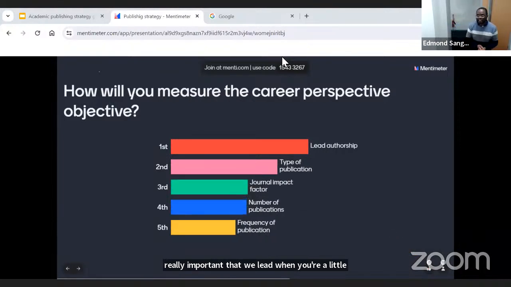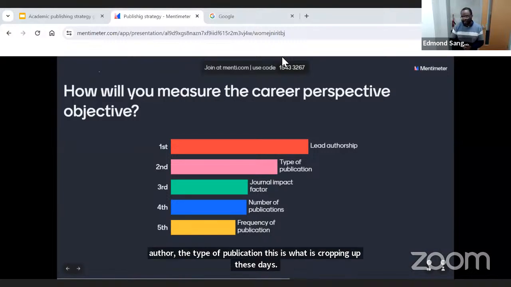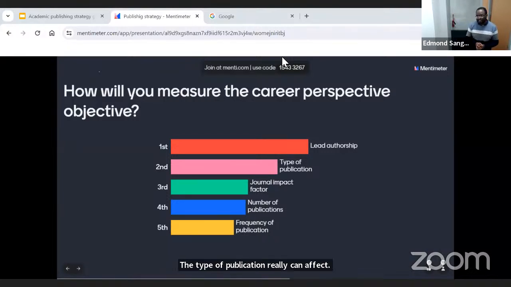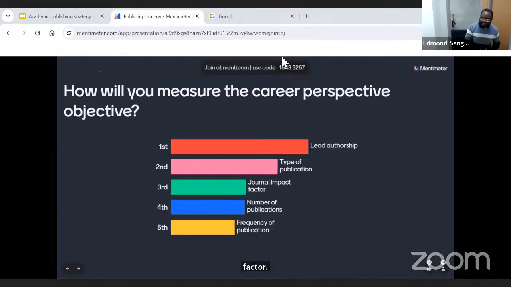The type of publication really can influence the perspective. So when you're crafting your objective, you need to think about lead authorship, type of publication, and journal impact factor. Journal impact factor, like I mentioned, is still a priority in some countries, but in most countries, it's no longer that important.